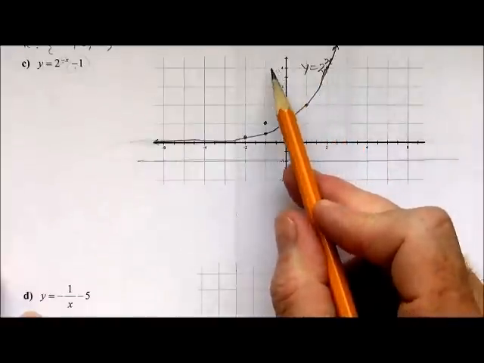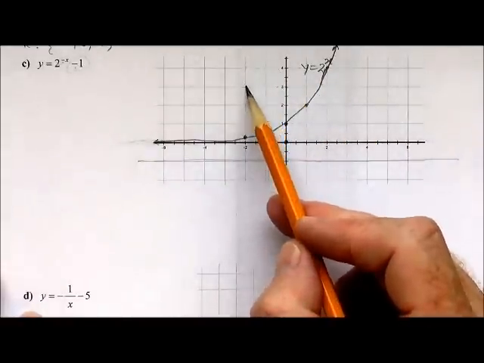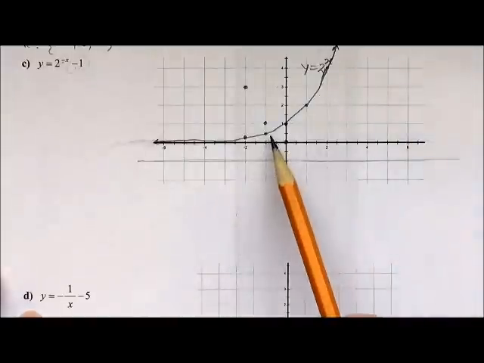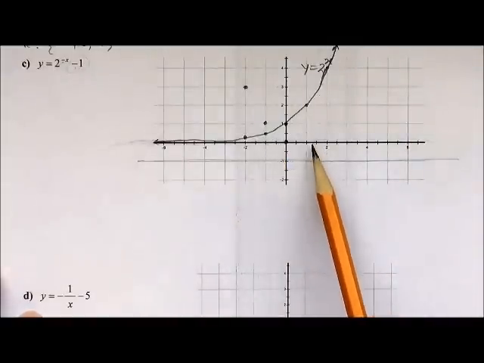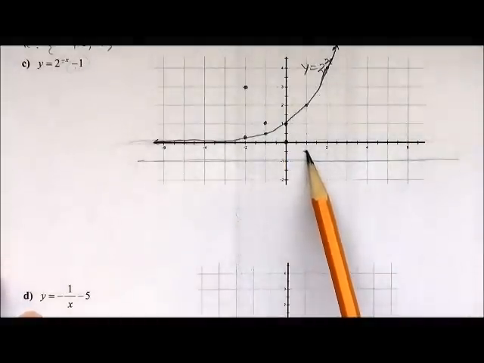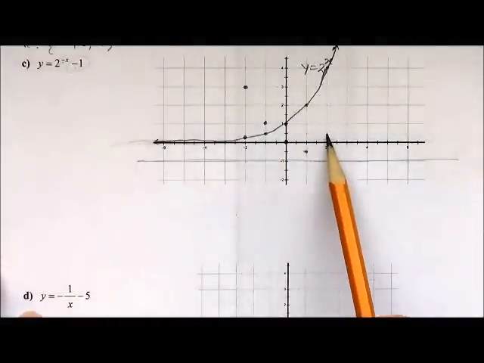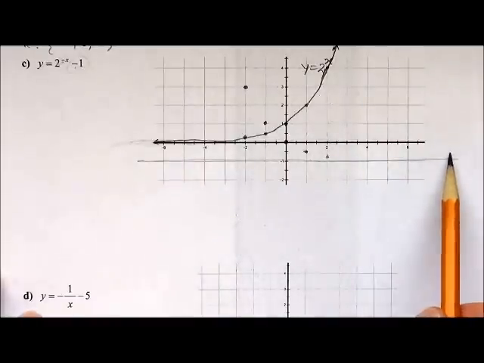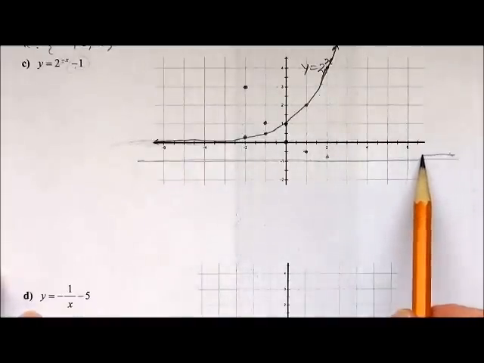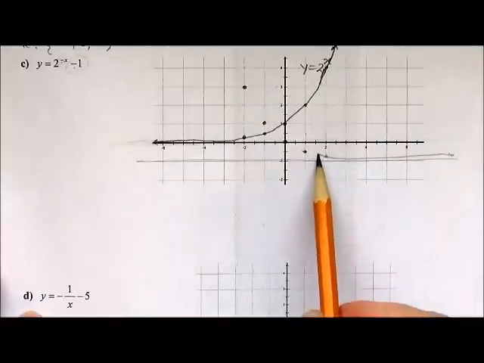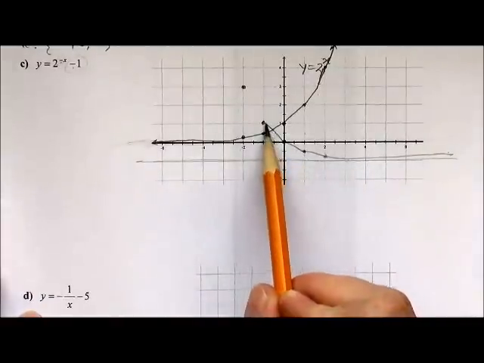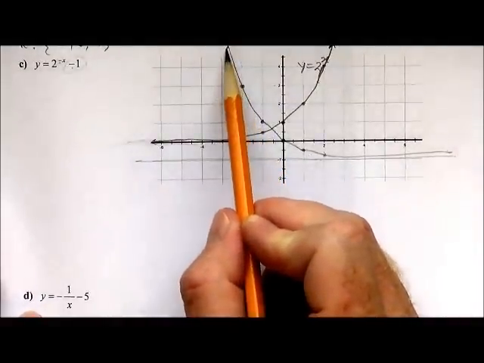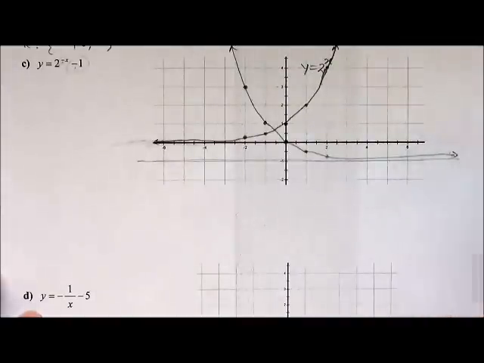This point comes over here and down 1. This point flips over here and down 1. And this point flips over here and down 1. So basically this new function, if I can draw this backwards now, okay, that's the new function.